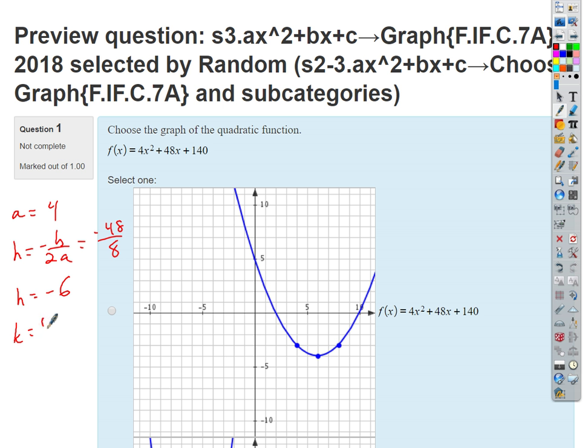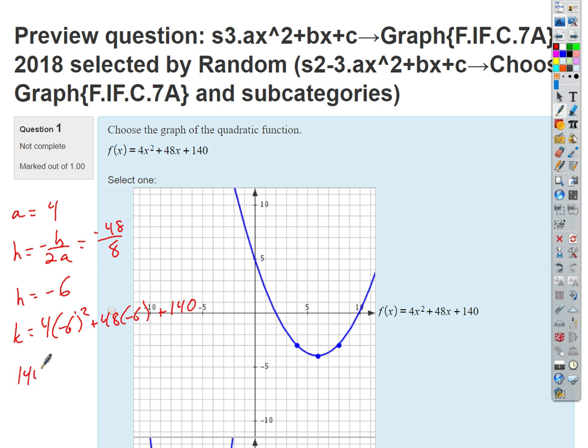So I'm going to get 4 times -6 squared plus 48 times -6 plus 140, right? Everybody agree? And so what's that going to give me? -6 squared is 36. 4 times 36 is going to be 144. But that's going to be positive 36, right? -6 squared is 36.